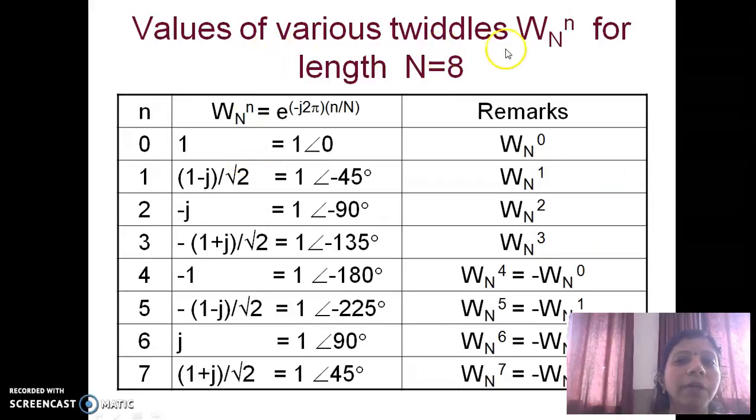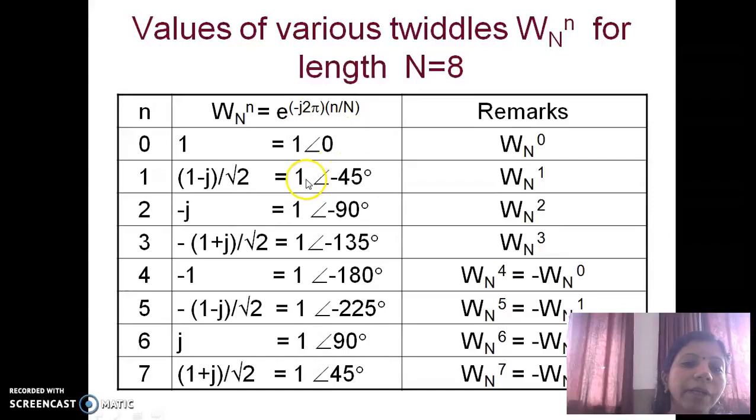The values of various twiddle factors W_N raised to n for length N equals 8. W_N raised to n is equal to e raised to minus j2 pi n divided by N. When n is equal to 0, we have W_N raised to 0, so magnitude is 1 and phase is 0. When n is 1, W_N raised to 1 means e raised to minus j2 pi divided by 8.